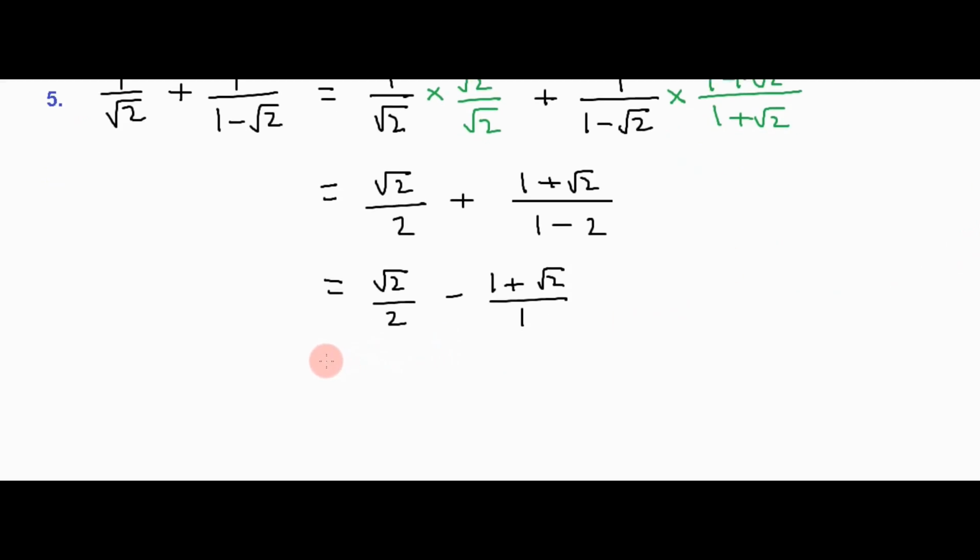Now we can simplify. We can write everything over 1 LCD. The LCD, of course, is 2. So 2 into 2 once times the top. And then 1 into 2 twice times the numerator. And we're going to need brackets here because of the minus. So 1 into 2 twice times 1 plus root 2.